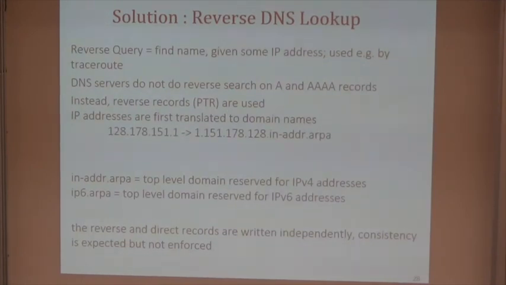So when you put in the DNS that the name like www.epfl.ch corresponds to an IP address like this, you also put a reverse record, and the reverse record, if you want, formally corresponds to a tree that is structured by numbers. So you search the tree by saying everything that starts with 128, then 178, etc. here.